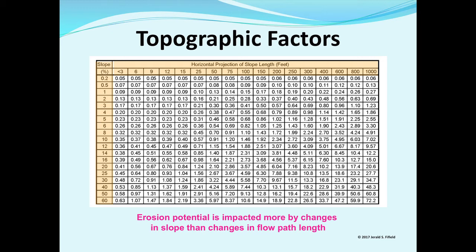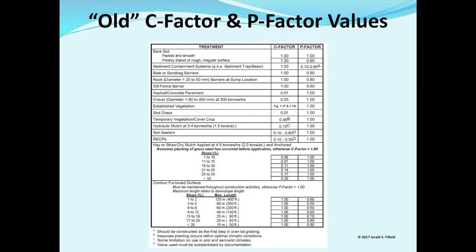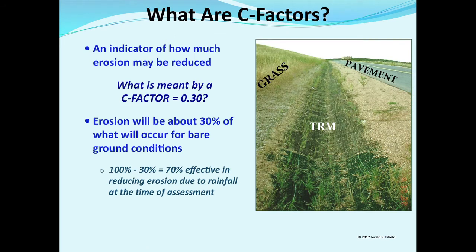They have something called C factors. C factor means that's erosion control. They have P factors, that's sediment control. And when we talk about a C factor of, in this case, let's say 0.30, it just simply says that the vegetation is 70% effective in reducing sediment and erosion.